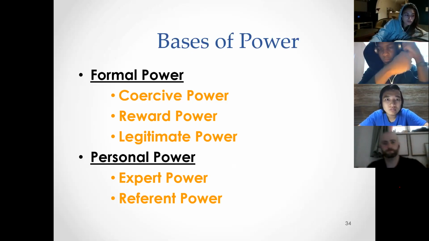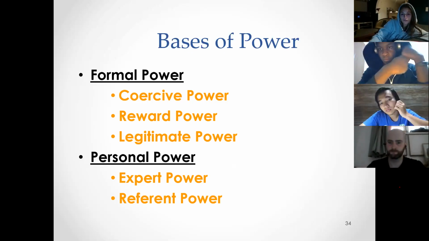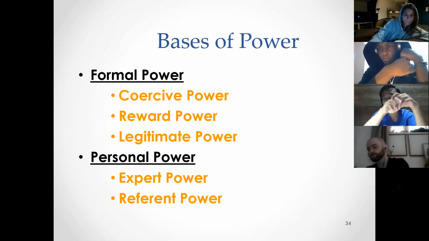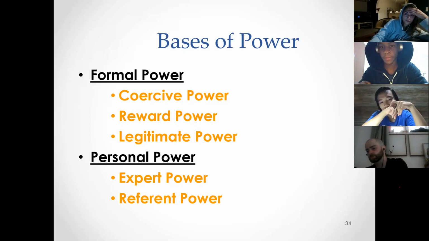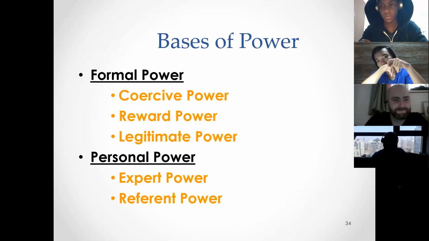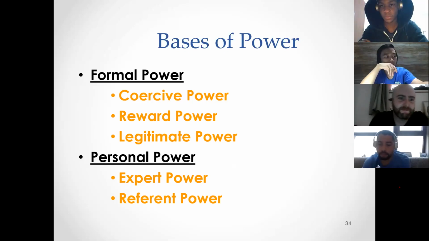Then there's two other kinds of power, which are expert and reference. Expert power is when someone is really good at something. So if Ethan is an amazing tango dancer, one of the best tango dancers in all of China, and Nicola really wants to learn the tango, he goes to Ethan, and Ethan says, Nicola, if you want to be a master, you must become a vegetarian.